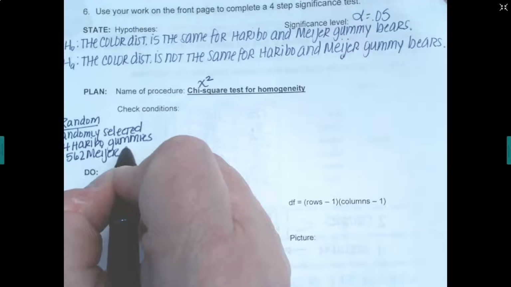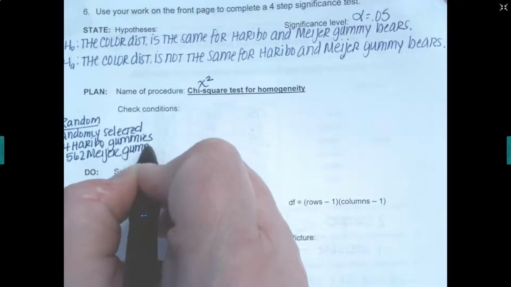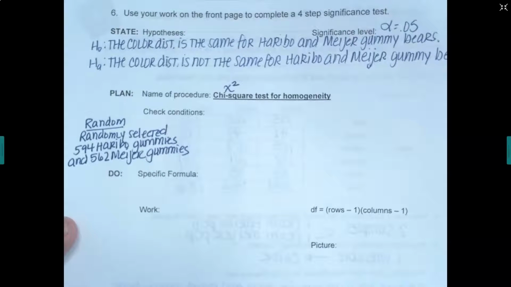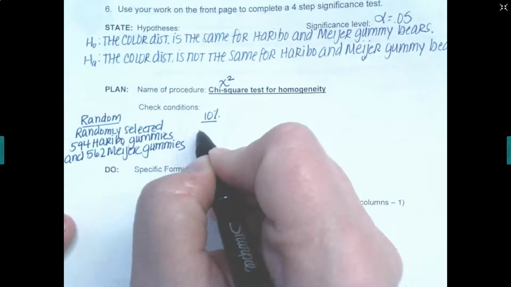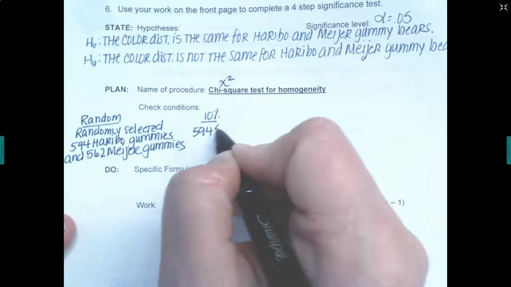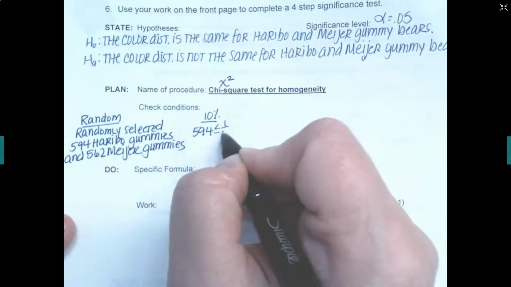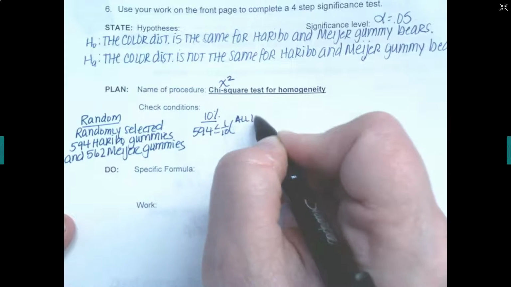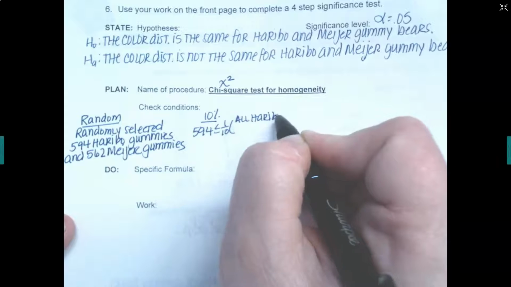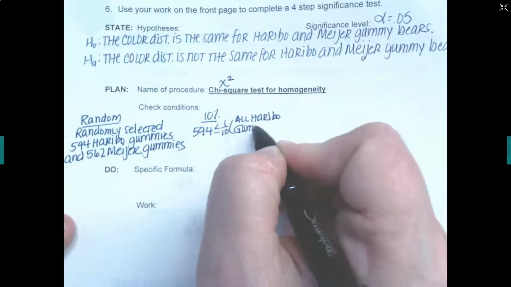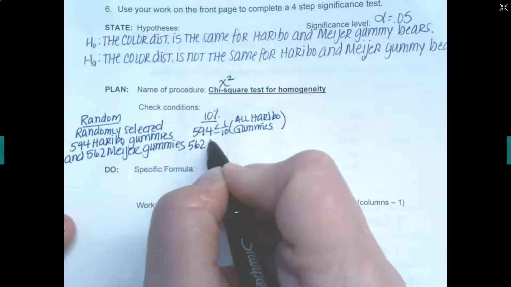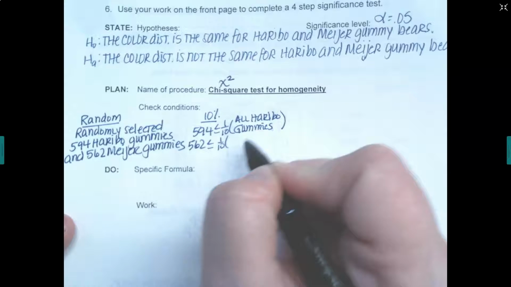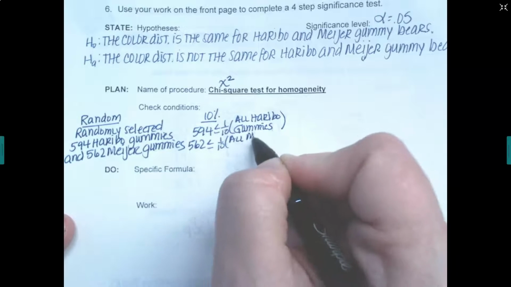So if they're both the same, you can say however many there are, but you need to be sure that you're stating it's for both of them. Without being explicit, that's not going to work. So our 10%: 594 is less than 1/10 of all Haribo gummies. And then the 562 is less than or equal to 1/10 of all Meyer gummies.